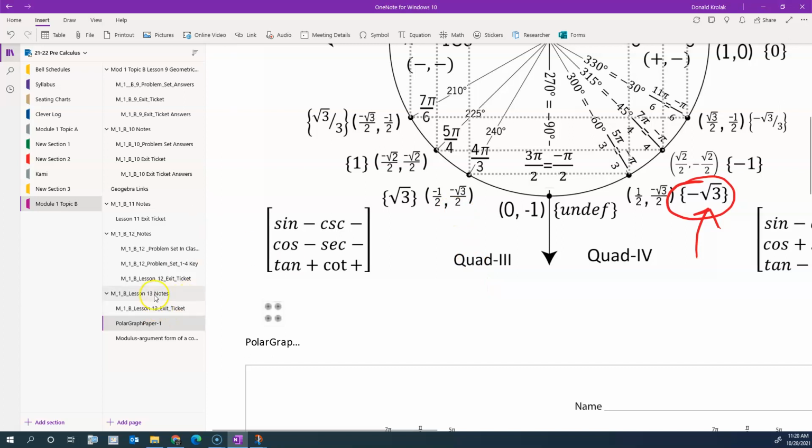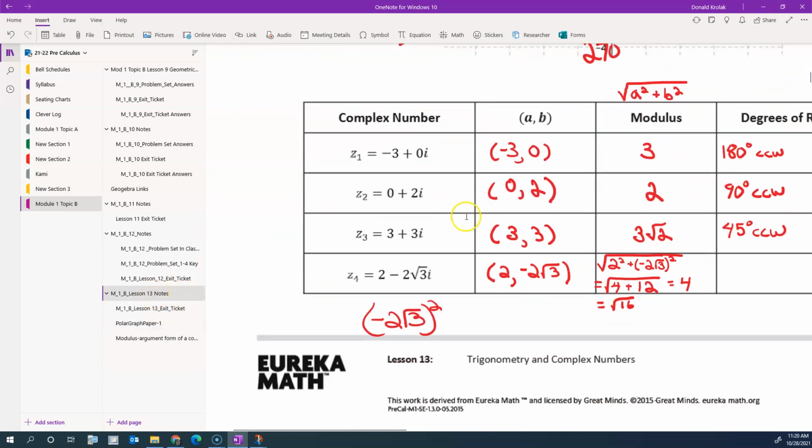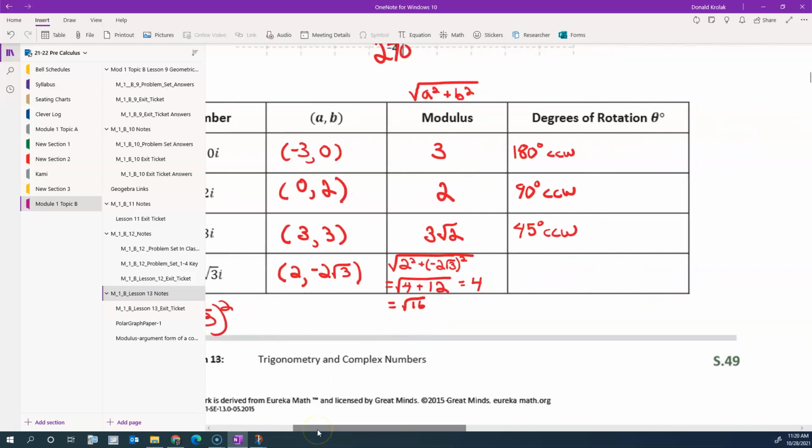Alrighty, so back to this. This angle is -60, but that's -60 clockwise, and we want it counterclockwise.